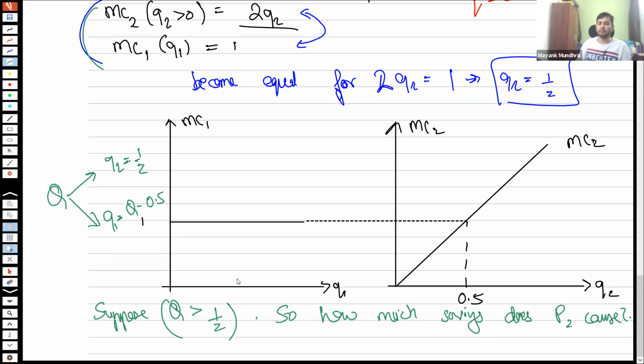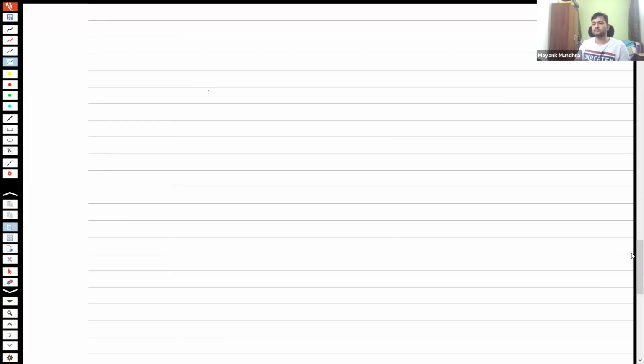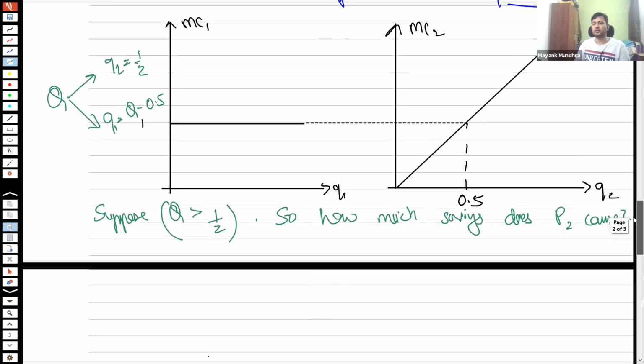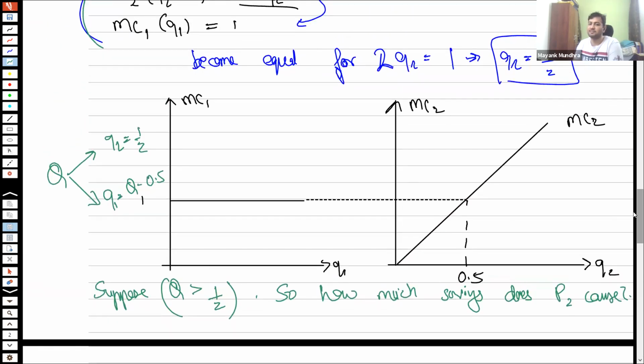Okay, so I'm saying that suppose that plant 2 is functioning. So what is the savings that you are incurring from plant 2? Had plant 2 not been operational, this half unit would have been produced in plant 1.